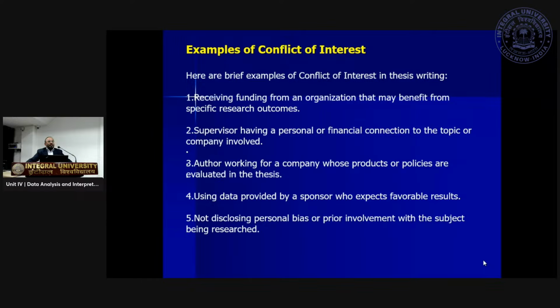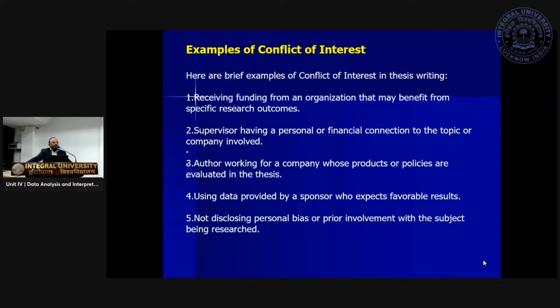In science, this happens more, but in commerce or social science it is not as important. Authors working for a company whose products or policies are evaluated in the thesis, this is also a conflict of interest. Using data provided by a sponsor who expects favorable results.